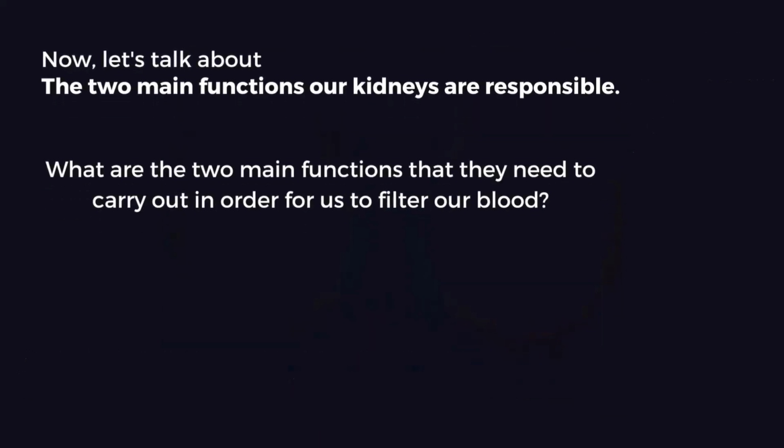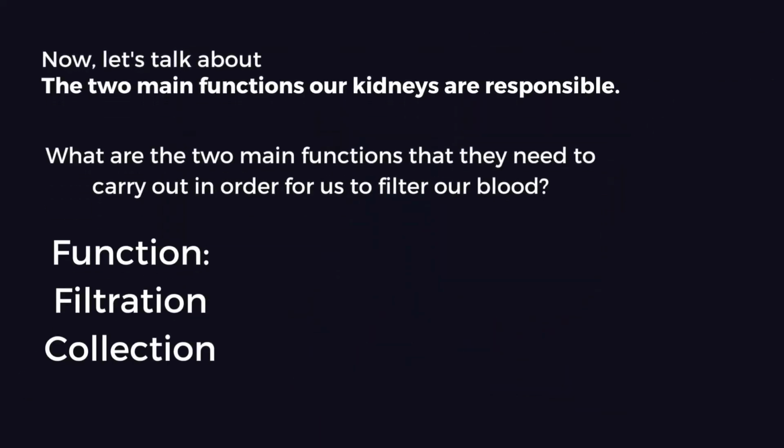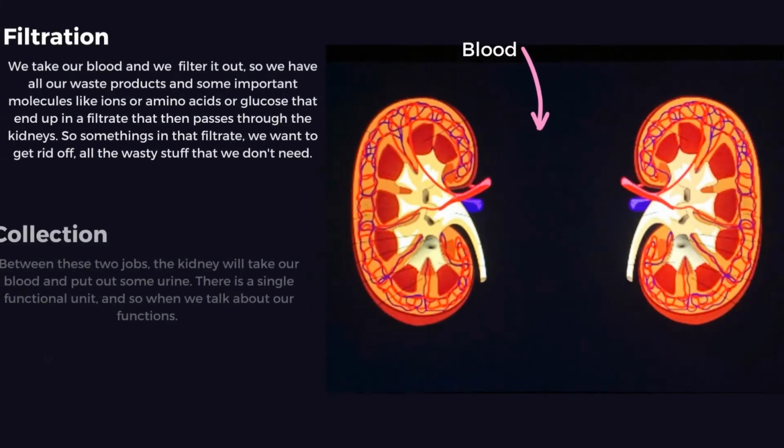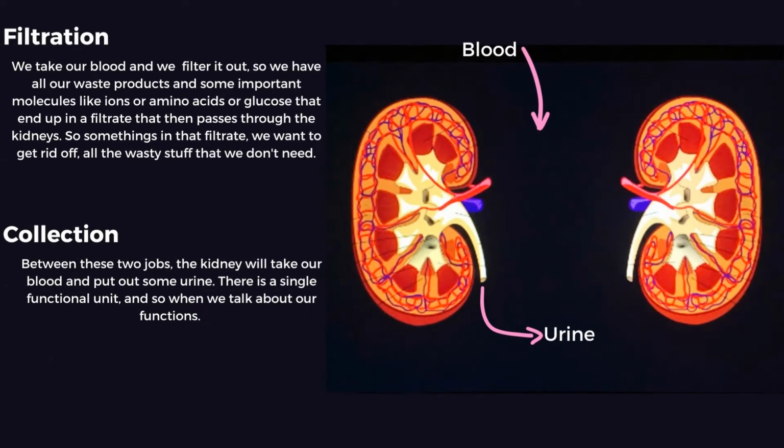Now let's talk about the two main functions our kidneys are responsible for. What are the two main functions they need to carry out in order for us to filter our blood? The first function, as you probably guessed, is filtration, and the second one is collection. In filtration, we take our blood and we filter it out.